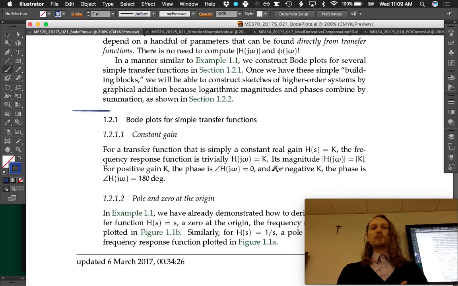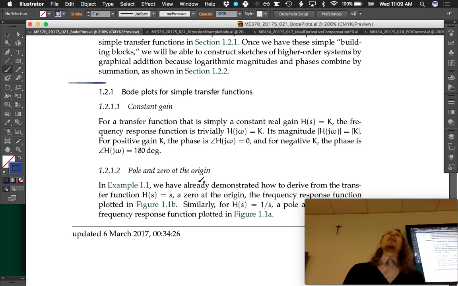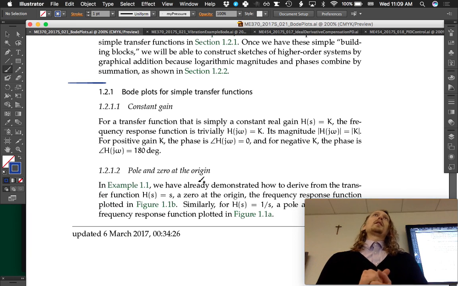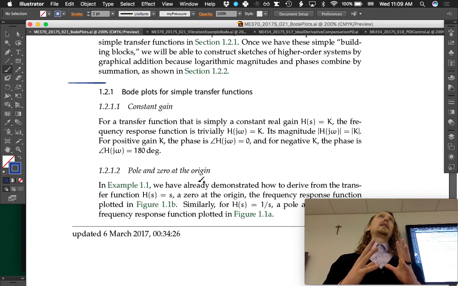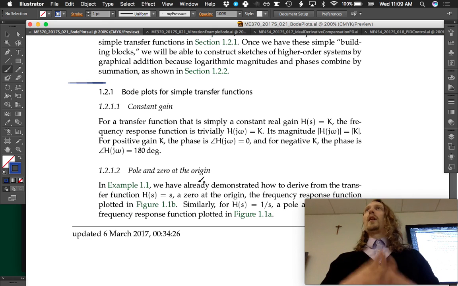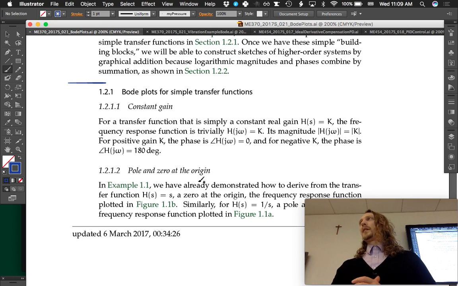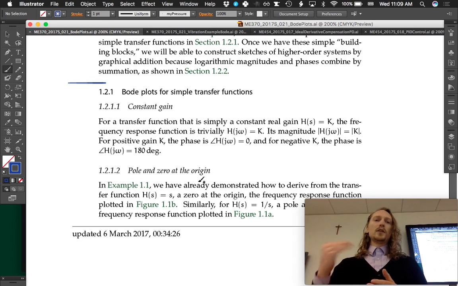So the next step is to do these simple transfer function Bode plots and gain an understanding from these simple examples of how to construct larger order transfer functions.